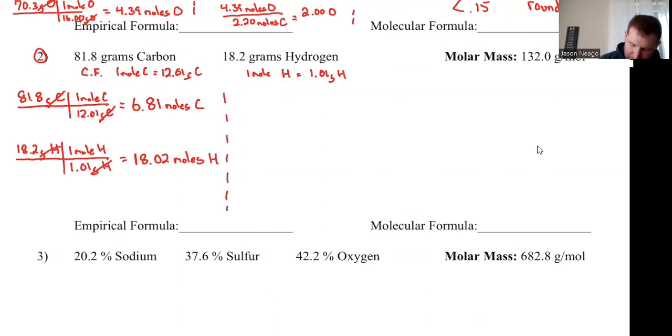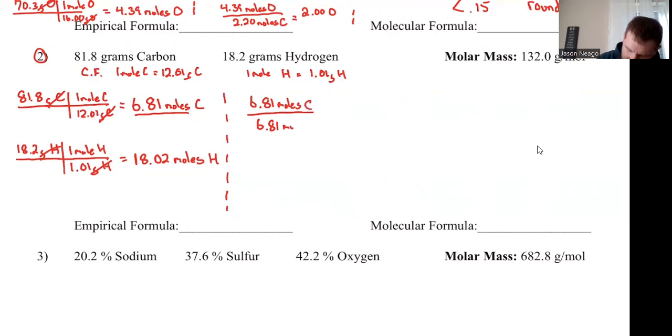In step number 2, I'm going to divide by the smallest number of moles. My smallest number of moles is 6.81, which is carbon.